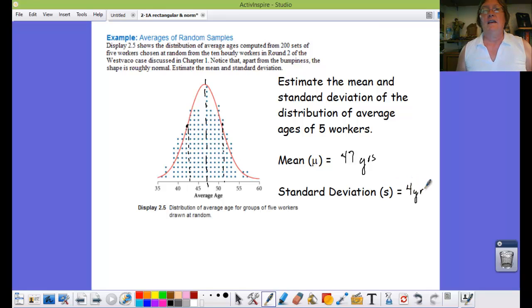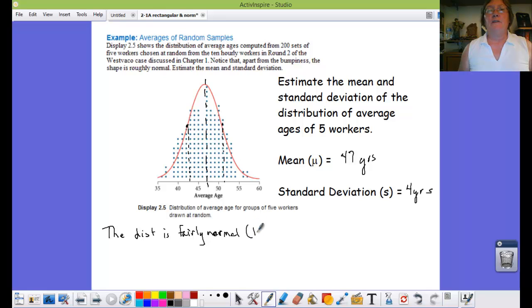If I were going to write a summary sentence then of this normal distribution, what I'd say is this: the distribution is fairly normal. Or you could use, normal. You could use the term bell-shaped.